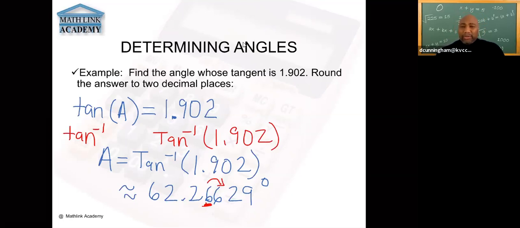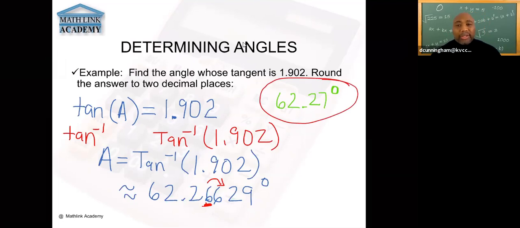So my answer would be, and I'll write it in green, 62.27 degrees. And then I will circle that. So that is angle A. Angle A equals 62.27 degrees. If you do it on your calculator, you would end up with 1.902 as an answer.